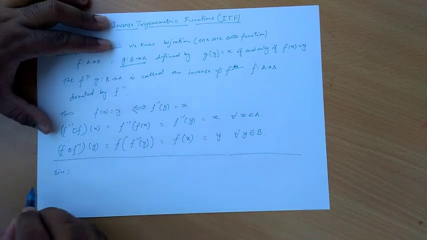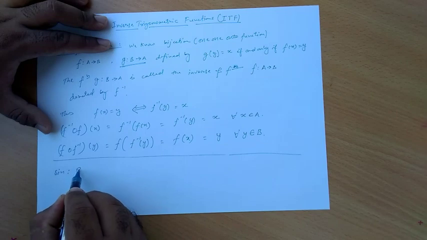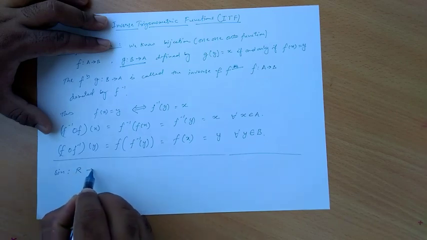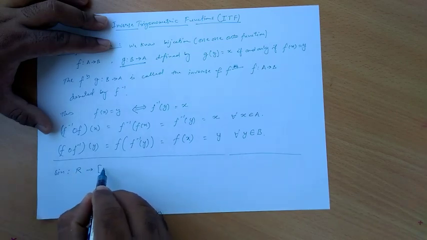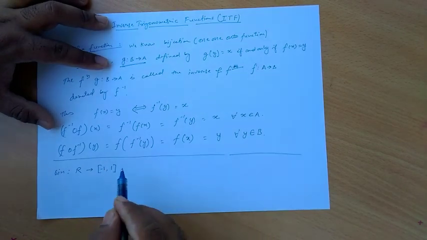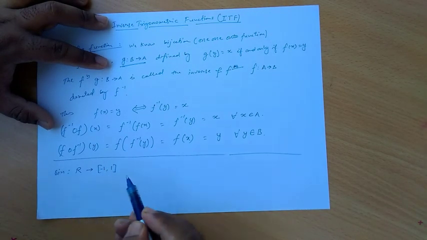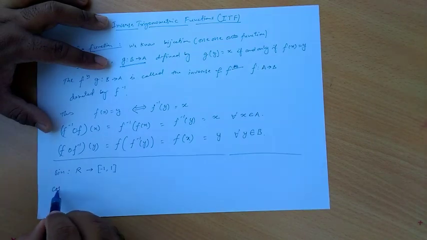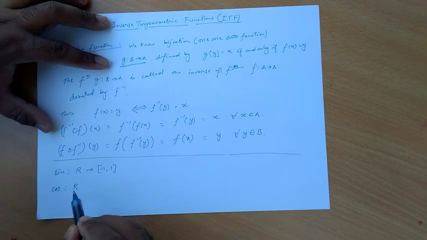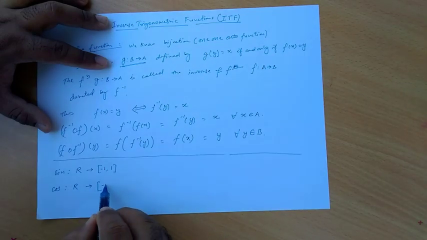Sine is a function from R to [-1, 1], that is its range. Cos is a function, the domain is R, and the range is [-1, 1].